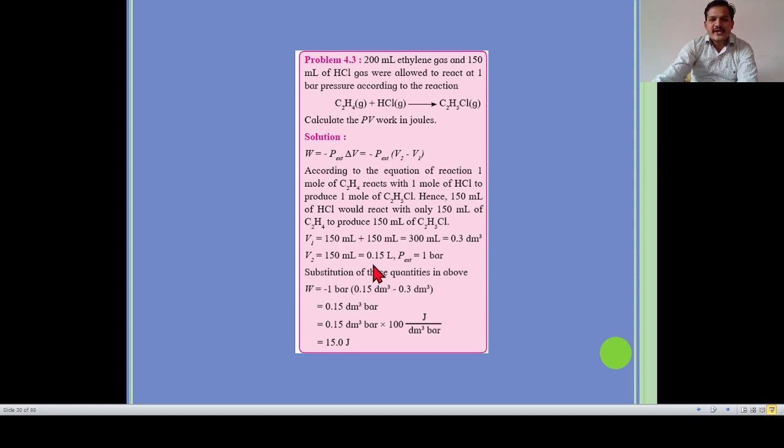So V2, 0.15 dm cube, minus V1, 0.3 dm cube, gives the value in dm cube bar. We have to convert dm cube bar into joule, so multiply by 100 joule per dm cube bar. So we get a value of 15.0 joule. So W is equal to 15.0 joule. This is the answer for numerical number two.